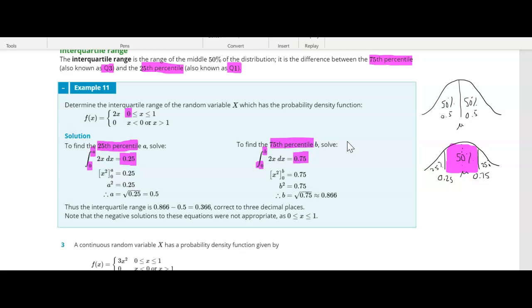And then the interquartile range, I might just write that here, your interquartile range is equal to your upper quartile, Q3, minus Q1. So you can see here your upper quartile or your 75th percentile, 0.866, minus your lower quartile, 0.5. So your interquartile range is that.